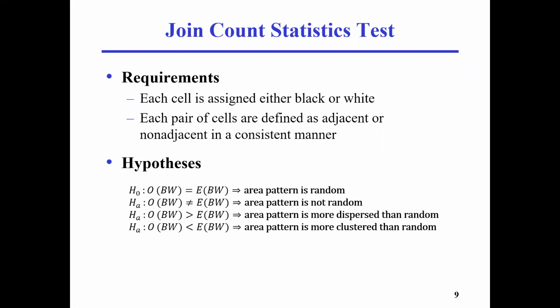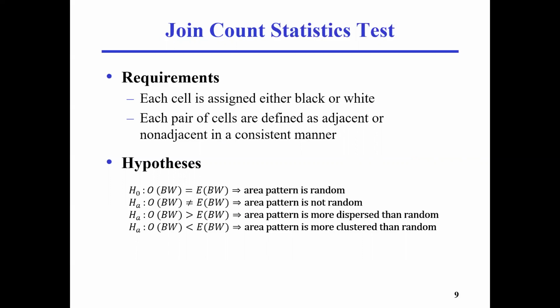So next, how to test it? The join count statistics test has requirements. Each cell is assigned either black or white, so the value for each cell must be binary. Of course, black and white is very convenient, but you can change it to 0 and 1, green and blue, or whatever you want, as long as it is a binary system.